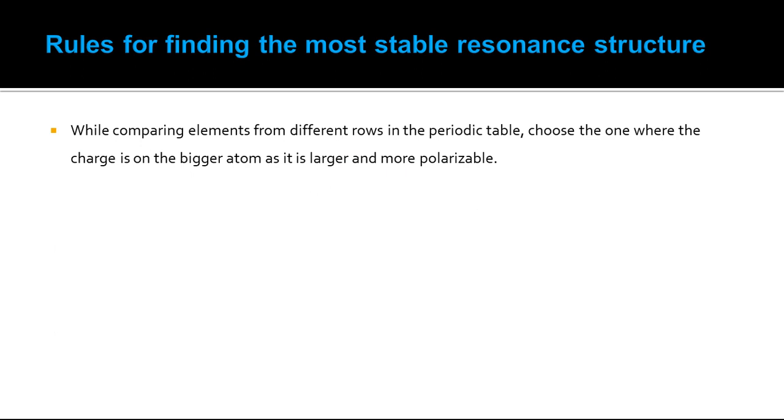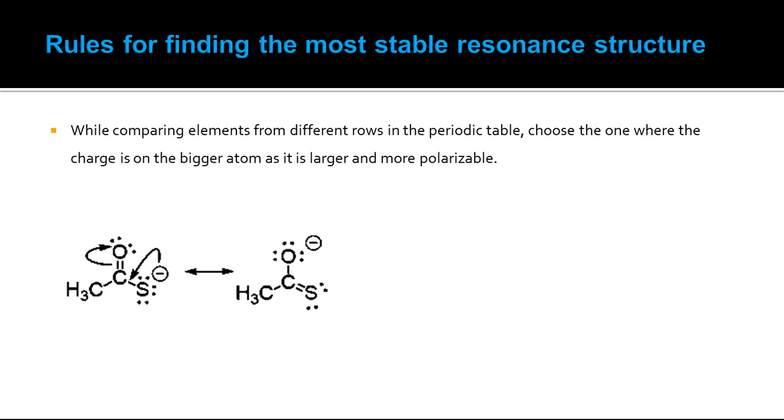One more point, which is not very common and not mentioned in most books, just see this statement: while comparing elements from different rows in the periodic table. That means the period number is not the same. Suppose one is from the second period and another is from the third period, then choose the one where the charge is on the bigger atom, as it is larger and more polarizable.